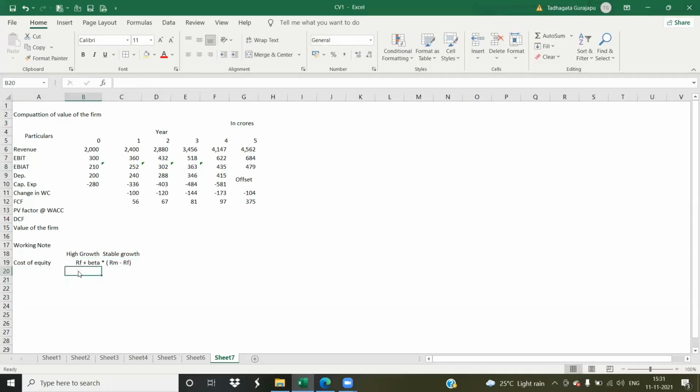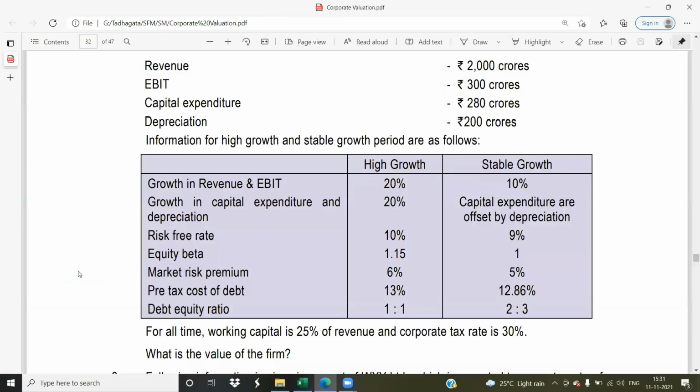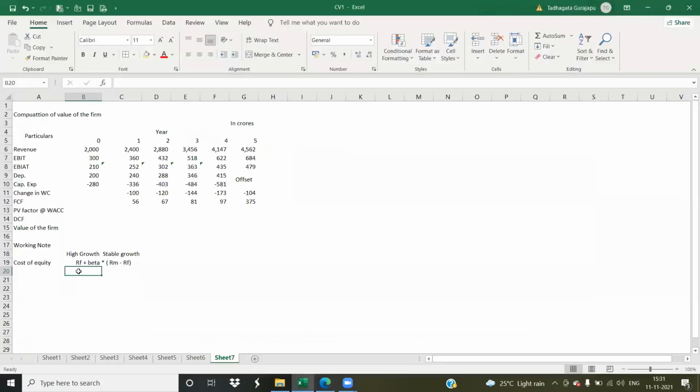So here, what all details are given? You have risk-free rate, you have equity beta, you have market risk premium. What is market risk premium? RM minus RF. So to find out cost of equity, we have to add the risk-free rate to equity beta into market risk premium.